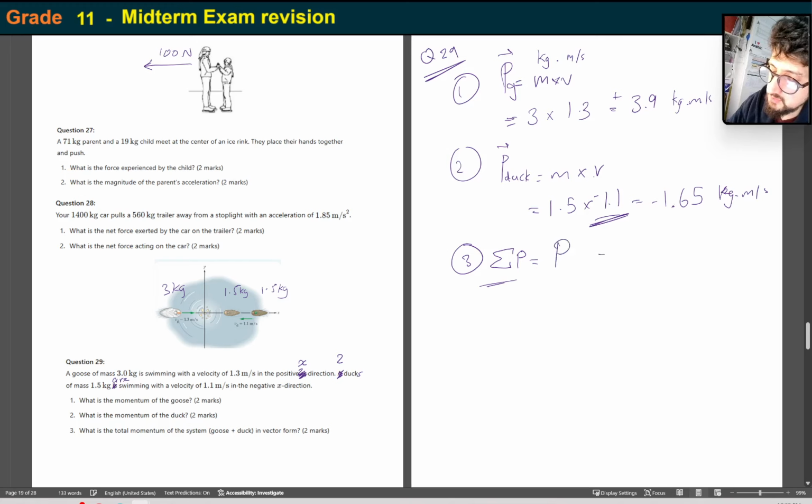I'll start with the goose, minus the momentum of the duck, minus the momentum of the second duck, because there are two ducks. And so it's going to be 3.9 minus 1.6. Now, some of you might be going, well, hang on, it's minus minus, right?